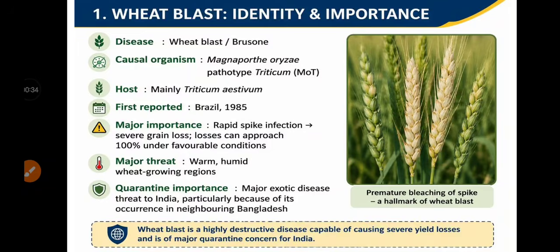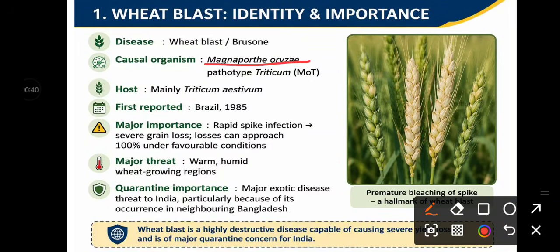So, the causal organism for wheat blast is Magnaporthe oryzae pathotype Triticum, in short form called MOT. It is a pathotype of Magnaporthe oryzae, which is known for causing the rice blast.